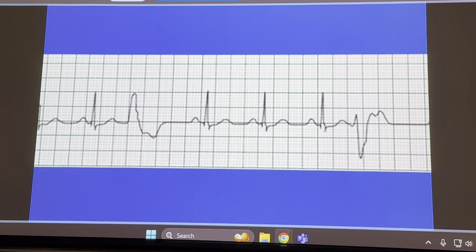Right, but it's taking a break and it's also a little bit early. But for the most part, it is regular. It's hard to get past, I know. But if you look at the normal section of this heart rhythm, for the most part, it's regular.